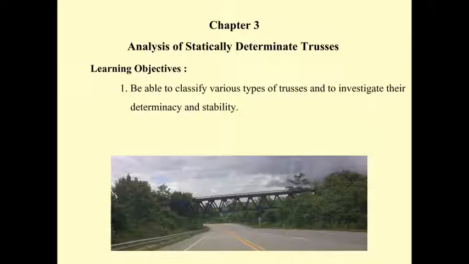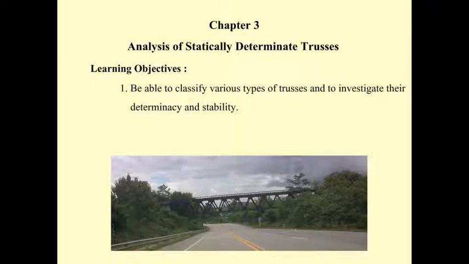Most of the time we work with simple truss and compound truss. The complex truss, as the name suggests, is so complex that only a few structures use it. And then you should be able to investigate the truss determinacy and stability.